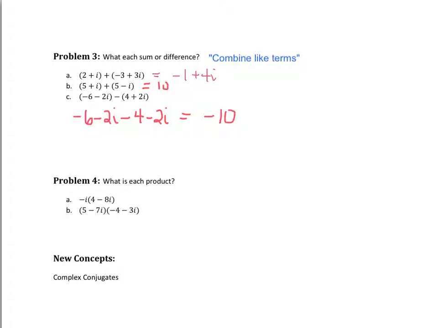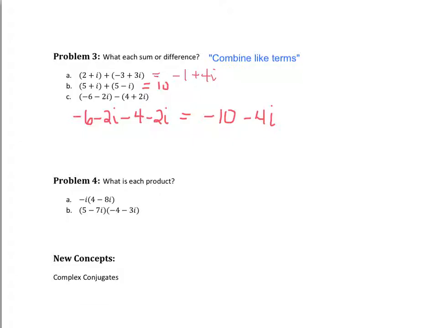And I had negative 6 minus 4. Oh, I'm sorry, see? That's I make the mistake. Good for you guys to see. Negative 6 minus 4 is a negative 10. And negative 2i minus 2i is a negative 4i. Good, so we're just adding the real part together and then adding the imaginary part together. Yep, and that's combining like terms, although really we don't want you to think in terms that way.